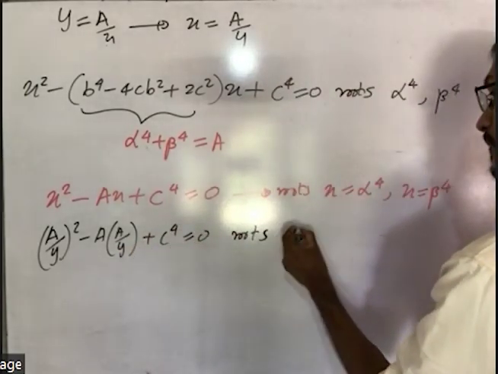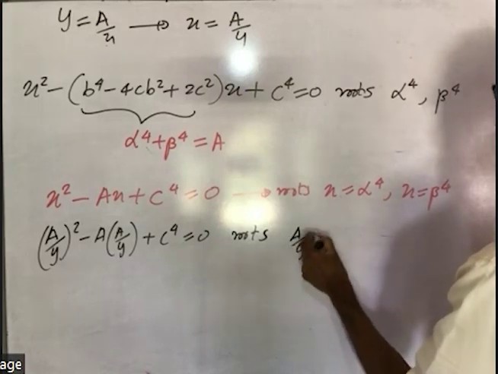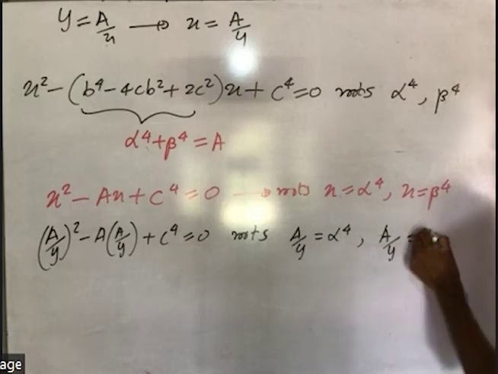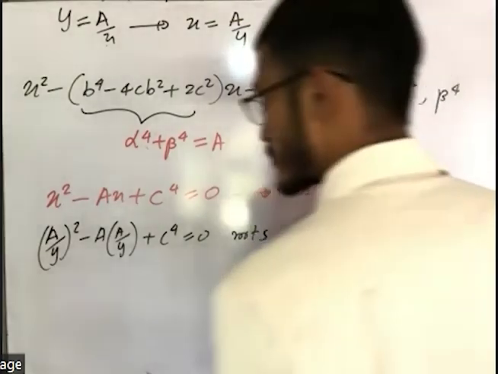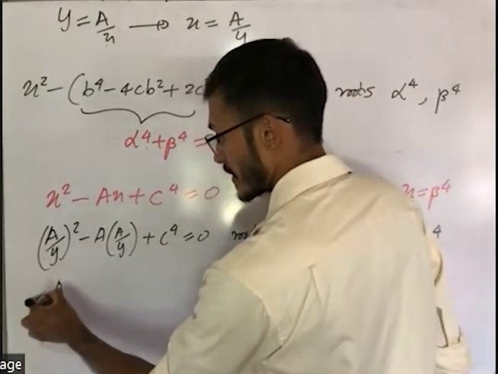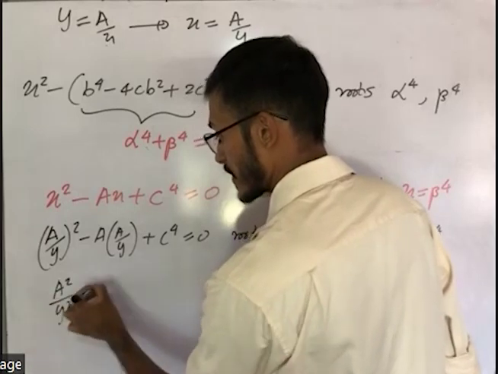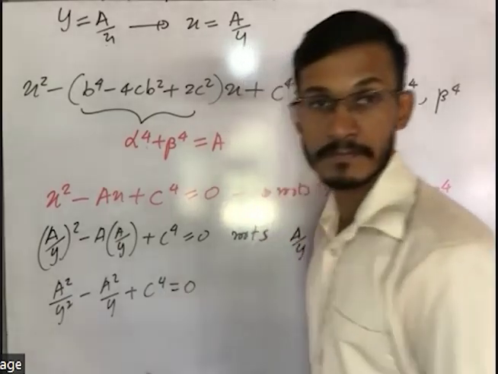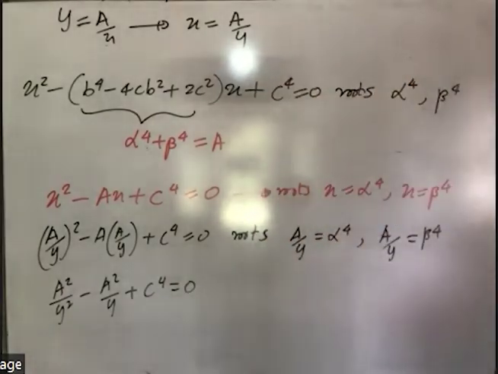Roots a over y equal to alpha to the power 4, a over y equal to beta to the power 4. So if you simplify this, you will get a square over y square minus a square over y plus c to the power 4 equal to 0. Right.